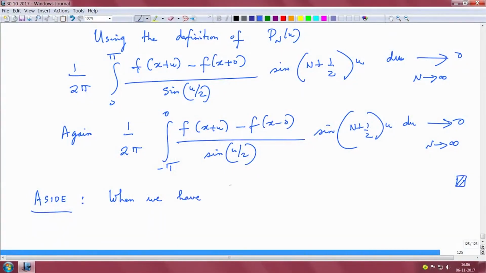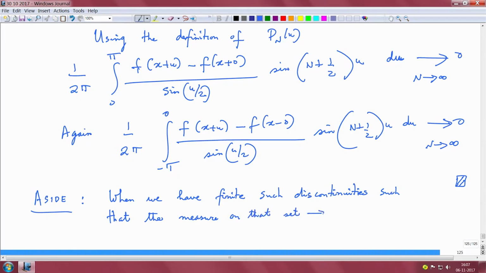So when we have finite or countably infinite such discontinuities, such that the measure on that set basically heads to 0, if this happens, we are okay with the convergence proof. This is a very important result.